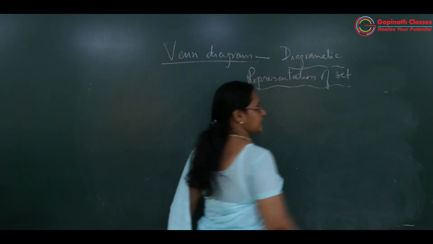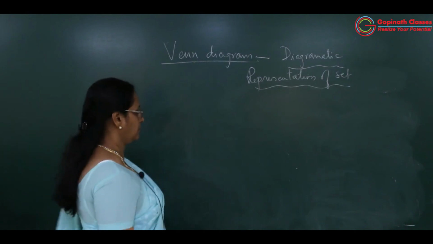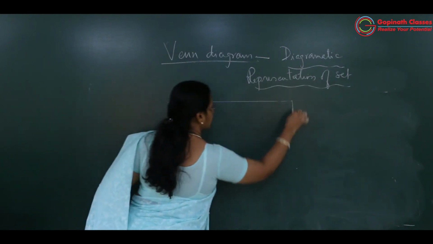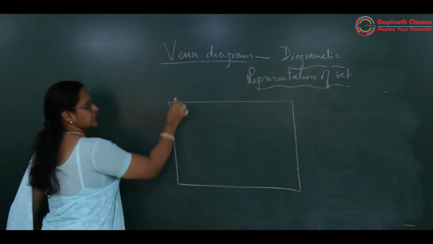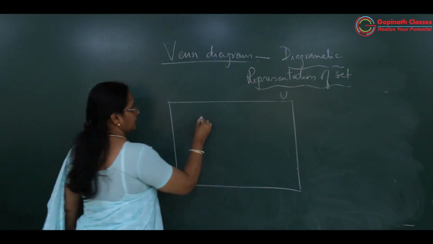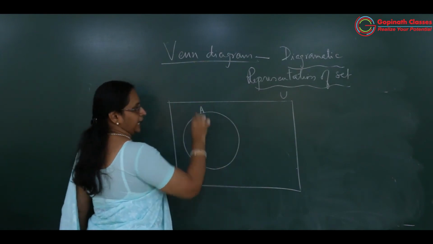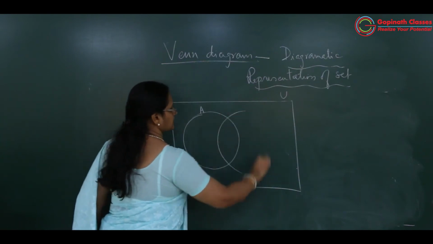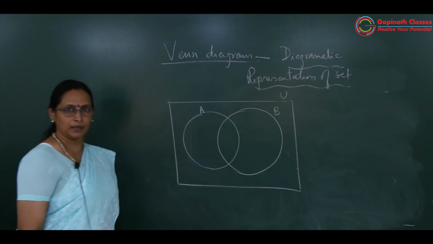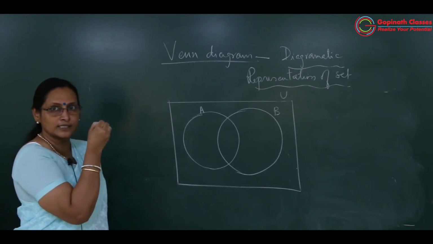Every operation, every theory of set can be represented by Venn diagram. इसमें universal set will be represented as a rectangular box. This is the universal set. And the sets will be represented as circles. Suppose this is A. This is B. And the elements will be denoted as dots.